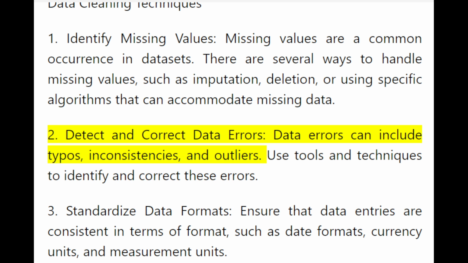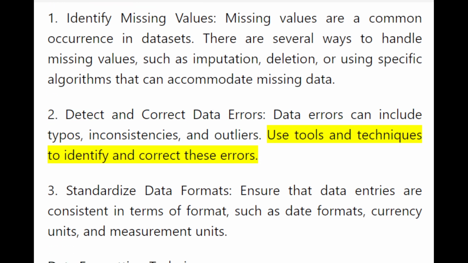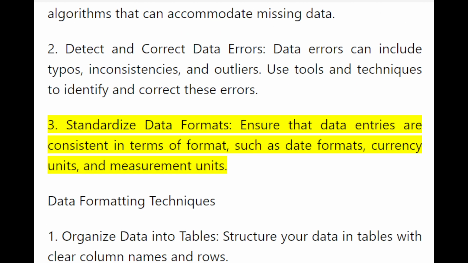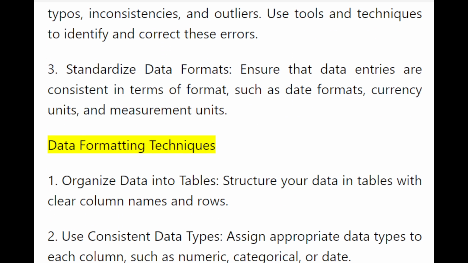Data errors can include typos, inconsistencies, and outliers. Use tools and techniques to identify and correct these errors. 3. Standardize data formats. Ensure that data entries are consistent in terms of format, such as date formats, currency units, and measurement units.